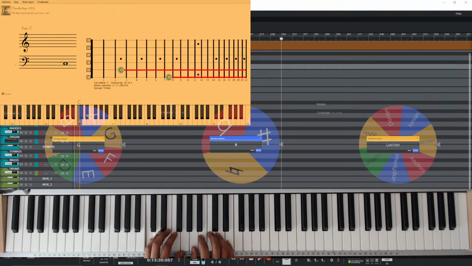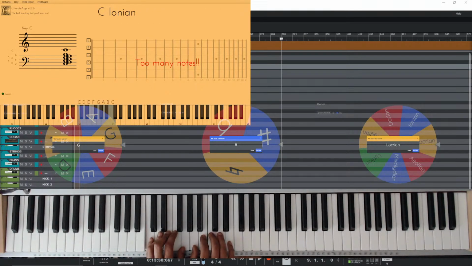C is 1, D is 2, E is 3, and so forth. 4, 5, 6, 7. If we are to play the same notes that we use for C major, but if we just start this pattern shifted 1 note to the left, so on our 7th note, we get the Locrian mode, in this case B Locrian.